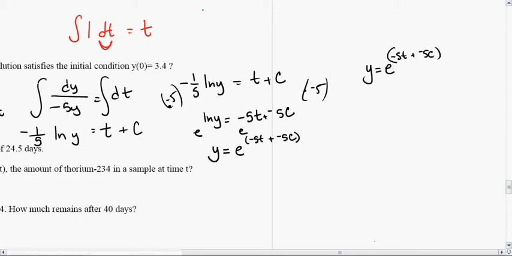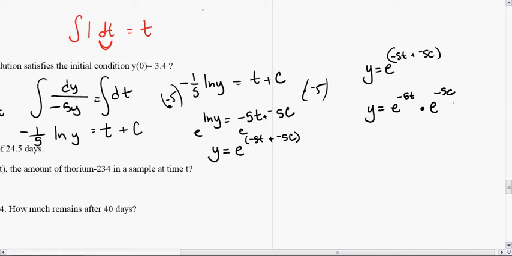And I'm going to do one more thing. I'm going to use exponent rules and rewrite y equals e to the negative 5t times e to the negative 5c. So I'm just using rules of exponents here. Remember, if you're multiplying like bases, you can just add up the exponents. So I'm just doing that in reverse.